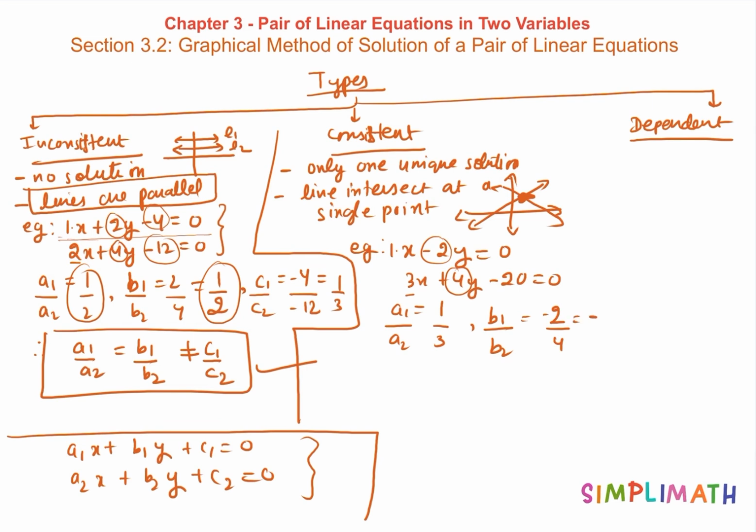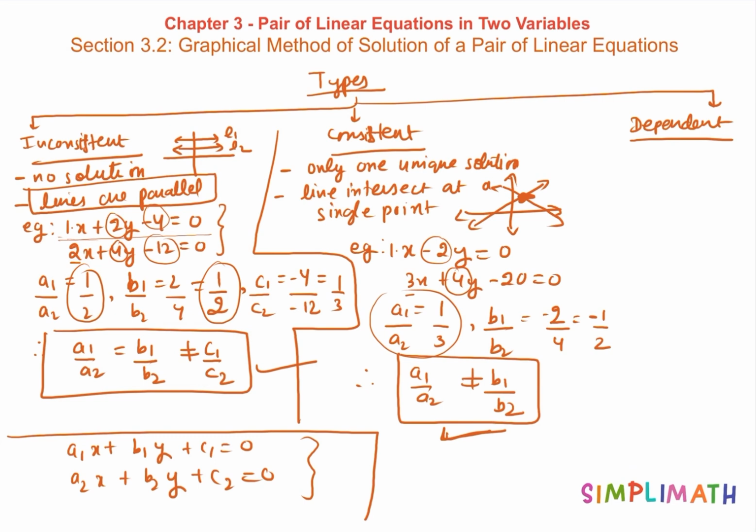Okay. So this comes out to minus 1 by 2. So what can we say here, that a1 by a2 is not equal to b1 by b2, right? So when we have a consistent pair of linear equations, a1 by a2 is not equal to b1 by b2, and the lines intersect at a single point on a graph.